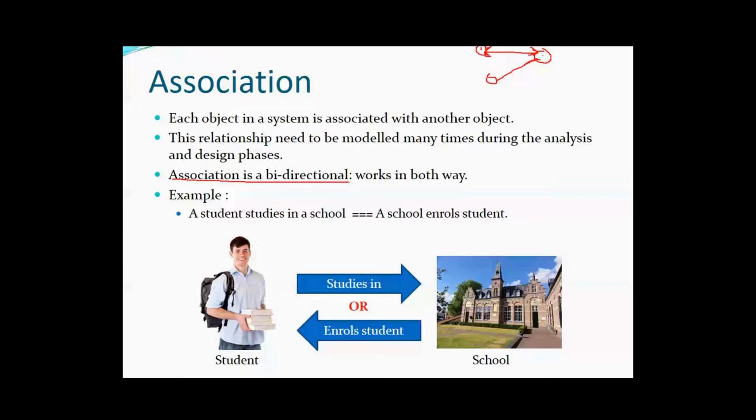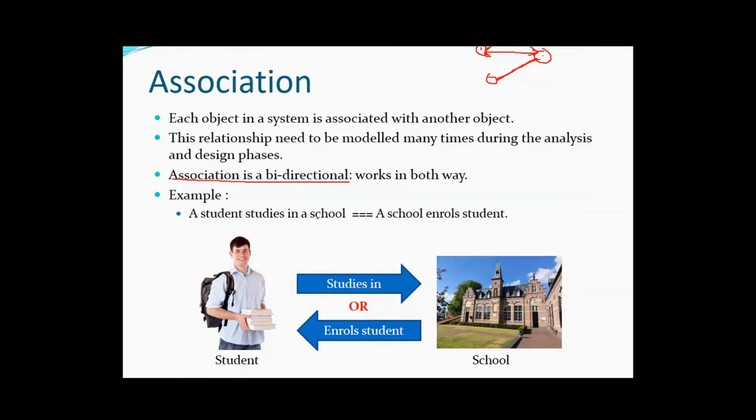This is why we don't put arrows, because that means that both of them are associated with each other. As an example, we have a school or a college, and we have a student.